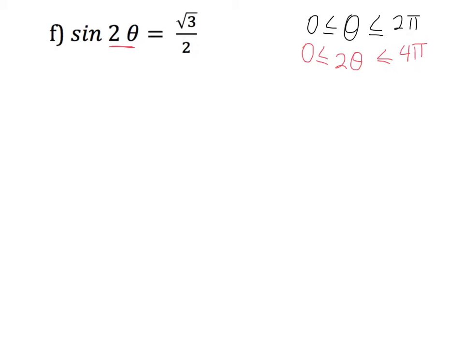Okay, so sine 2 theta equals root 3 on 2. So that means 2 theta equals, so sine of what angles equals root 3 on 2? Well, you know sine of 60, which is pi on 3. Okay, and what other quadrant is sine positive root 3 on 2?